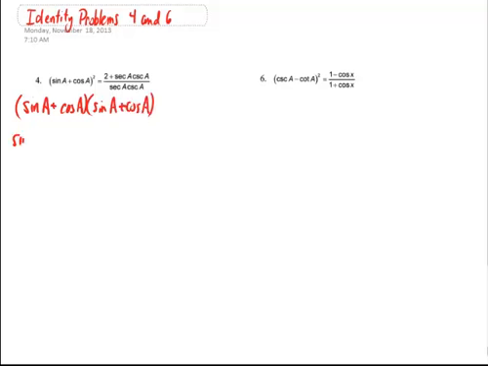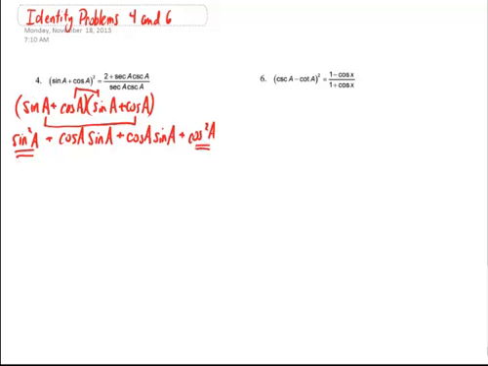And we'll get sine squared of A plus cosine of A sine of A. Now this part here, we have the outer and the inner terms. We have the first times first and the last times the last, and our first reason would be we would just say FOIL.